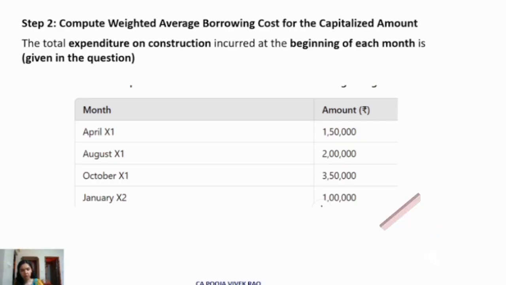The next step will be to compute weighted average expenditure. Since the expenditure is incurred at the beginning of the month, the weighted average outstanding, that is till January 2022, will be computed as follows. We have to multiply the amount of expenditure incurred at the beginning of the month into the months outstanding till January 2022.